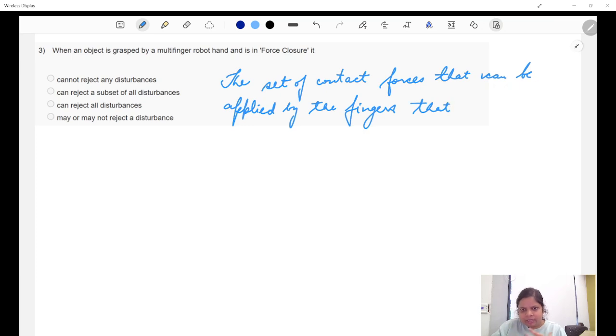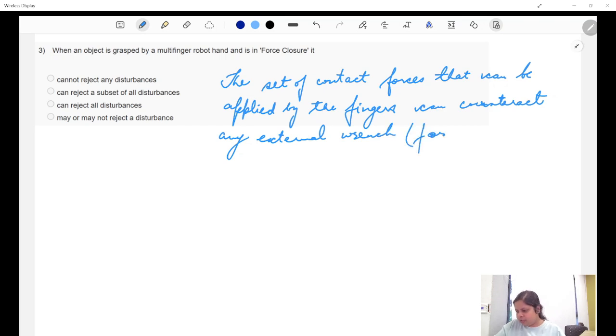What they can do, they can counteract any external wrench. What is wrench? These force plus torque, okay, applied to the object.